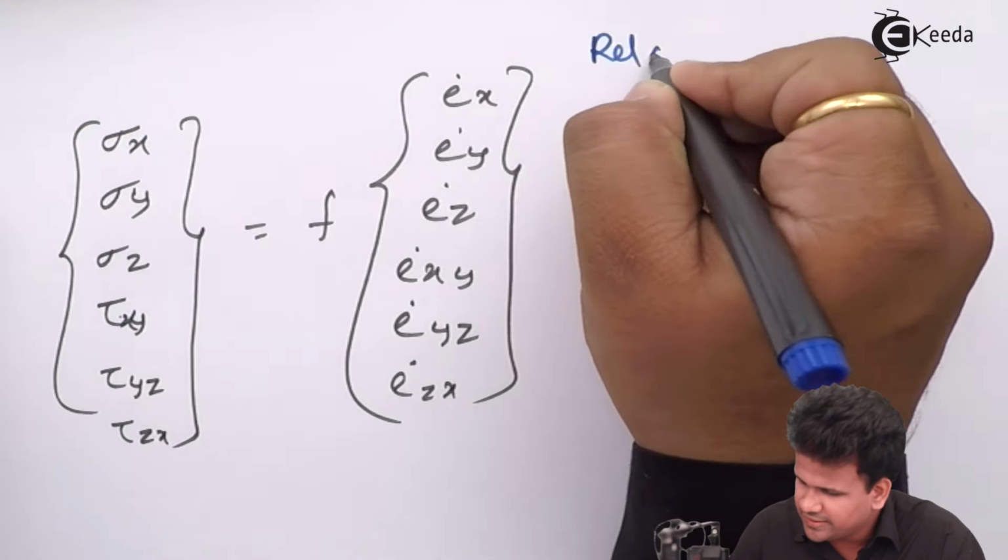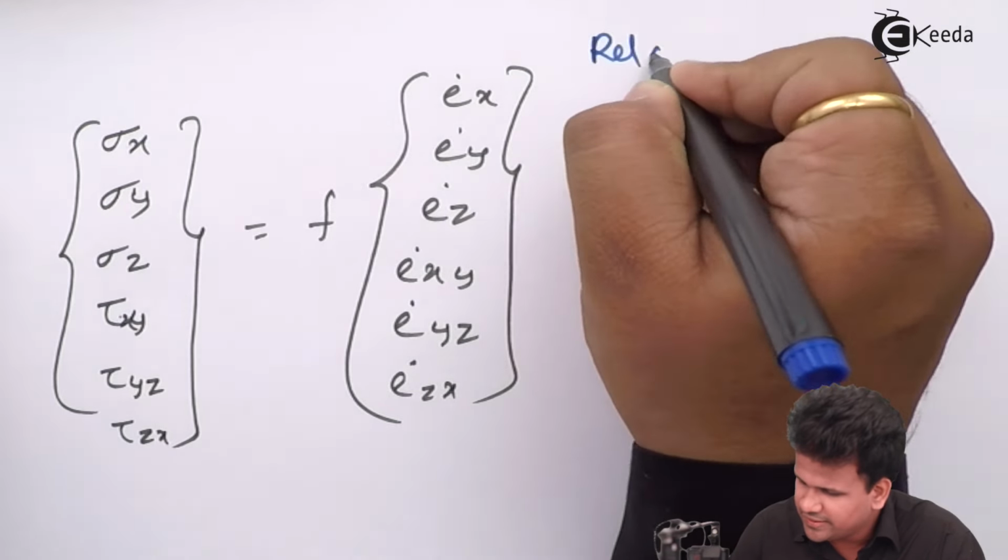So let us substitute. We won't consider the body force term, we'll write it down later, and we will substitute these individual values. So now what do we get? This is dou by dou x of this entire bracket, so we'll write down that entire bracket.